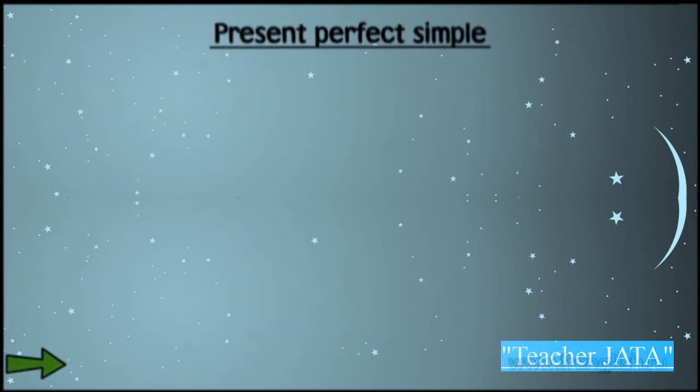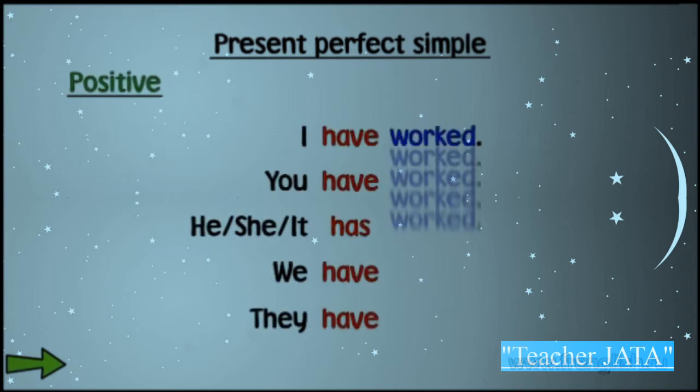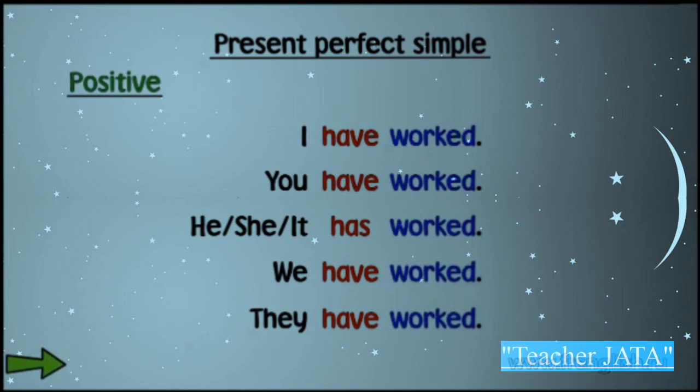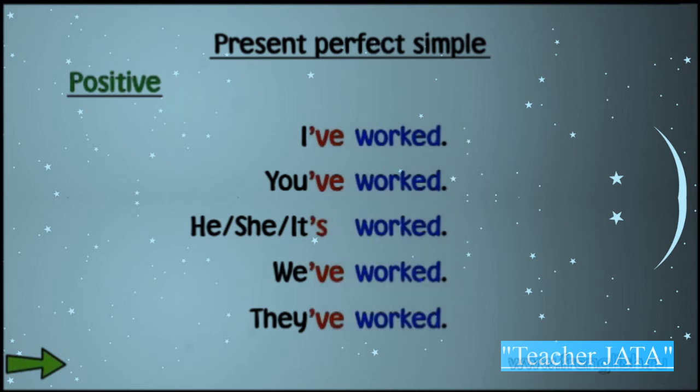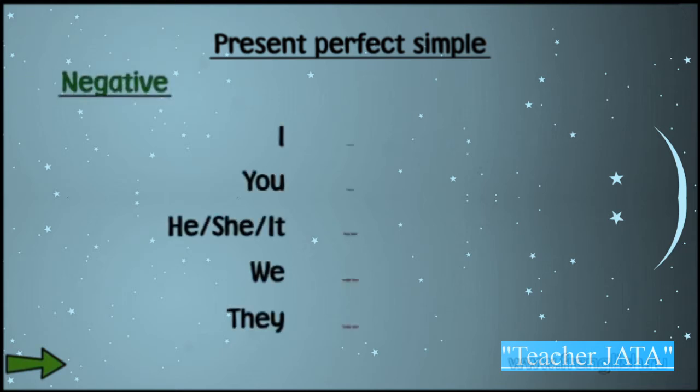We form the present perfect positive with have or has and a past participle. We often use short forms of have and has, especially in spoken English. We form the present perfect negative with not.